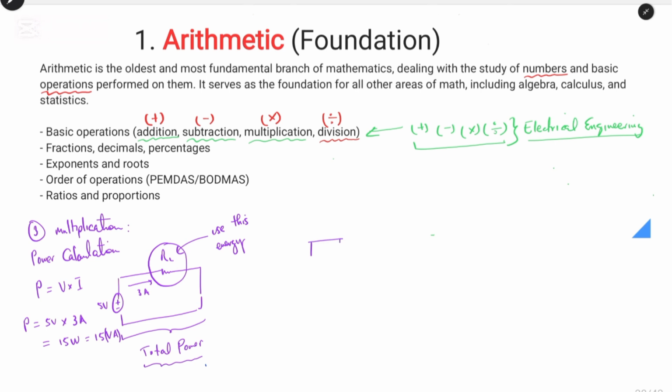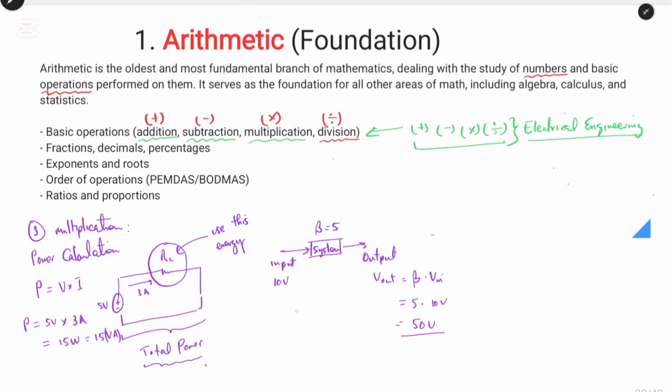And similarly, if we have a system having input and output, and the system gain is 5, and the input signal connected to the system is 10 volts as an example, we all know that the output is equal to the gain of the system times the input voltage. If the gain is 5 and the input voltage is 10 volts, the output voltage is 50 volts.